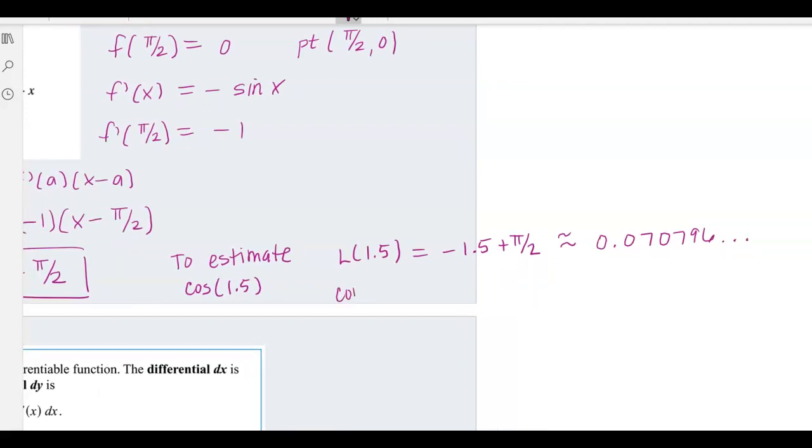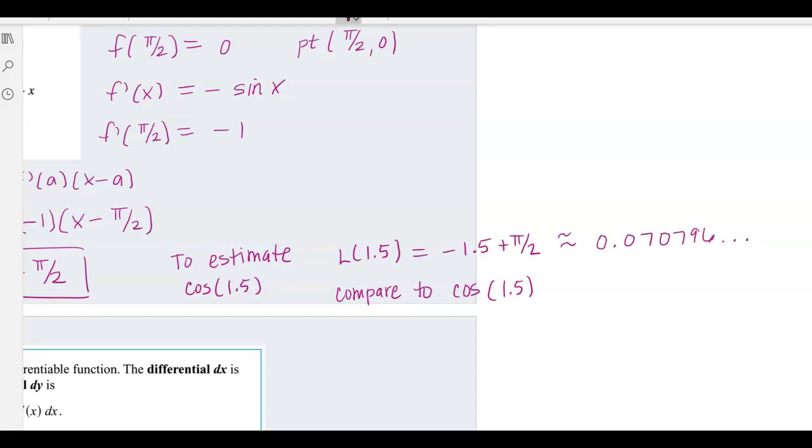So let's compare this to cosine of 1.5. I'm using this estimate above because if calculating the cosine was really complicated, I could use this estimate. Obviously, I can do both of these in the calculator, but you get the point. Make sure if you're doing this at home that you put your calculator into radians.